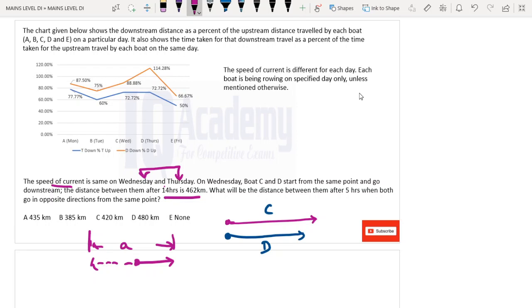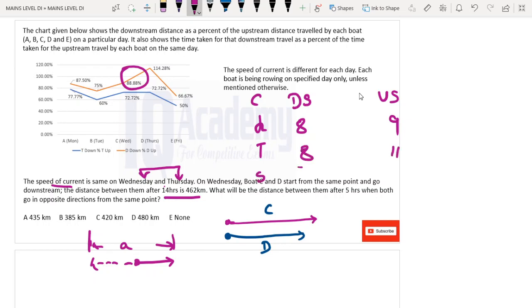The first statement is the speed of the current is same on Wednesday and Thursday. So first we will write the data regarding Wednesday and Thursday about C and D. For C on Wednesday, downstream and upstream, the distance ratio is 8:9 and the time ratio is 8:11.